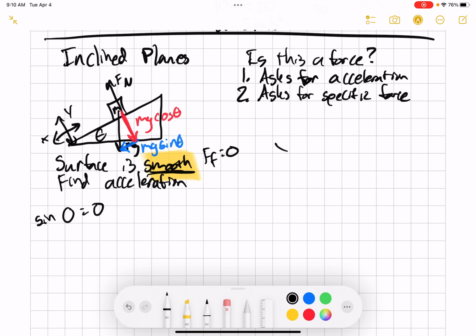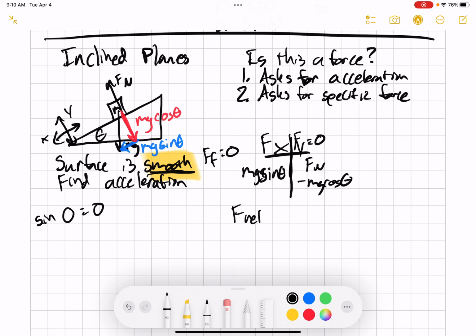So it says, find the acceleration. I'm going to make an xy chart. In this case, you don't really need an xy chart because Fy is just equal to 0, since it's not going into or out of the inclined plane, and then Fx is going to be my Fnet. But let's go ahead and write it down just for practice. So I have Fn minus mg cosine theta, and then in the x direction, I just have mg sine theta.